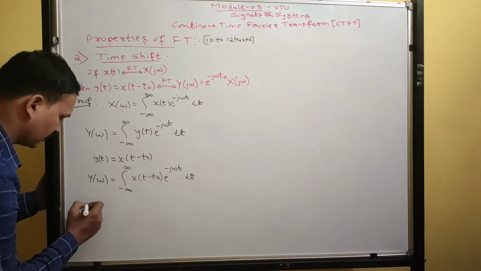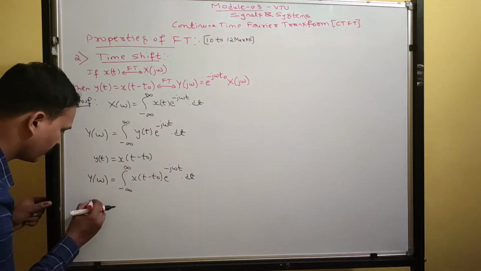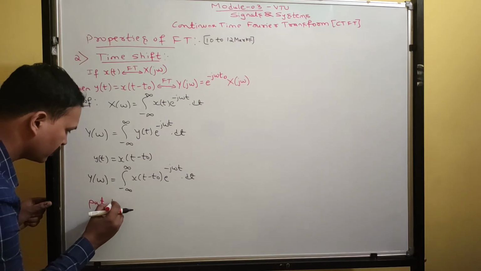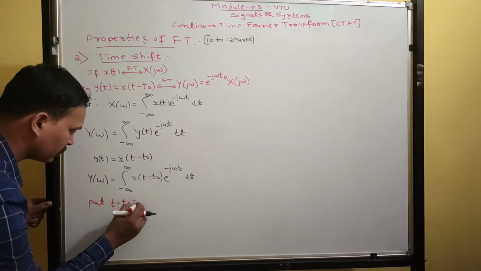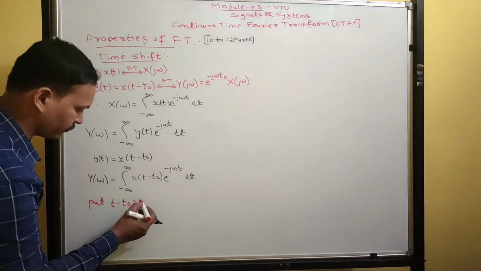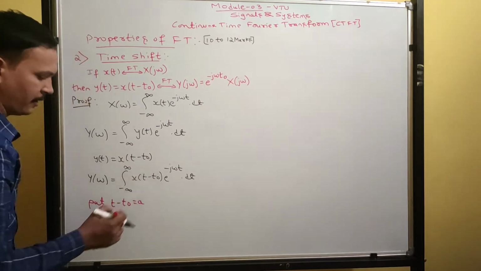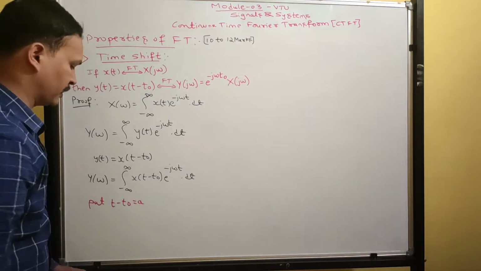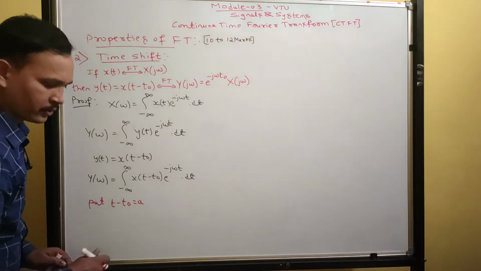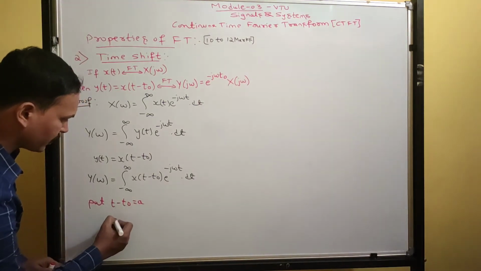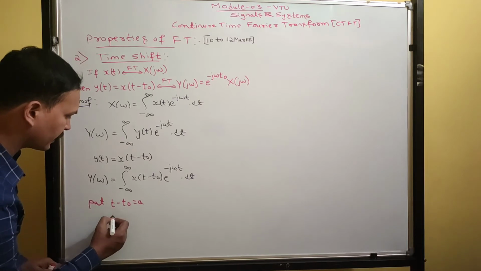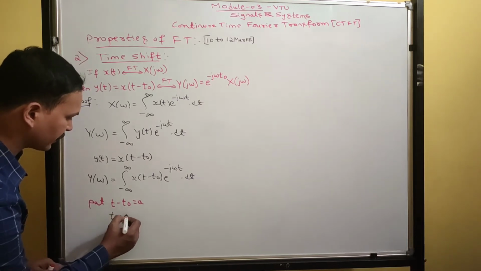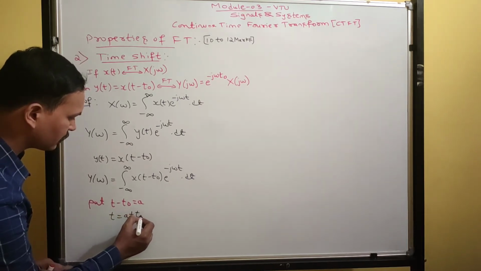Now in this equation, put t minus t naught, some variable or constant. I will take a. I am putting t minus t naught equal to a; you can take anything, b, c, d, like that. So from this, I can write t as a plus t naught.